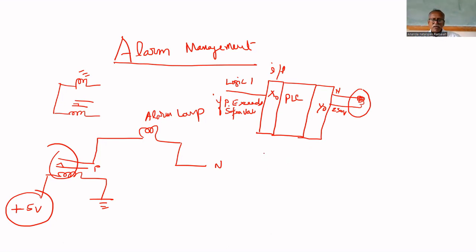We have to write the program. For blinking, we have to generate the square wave. For that, we'll use a timer. Timer T0 for 1 second.